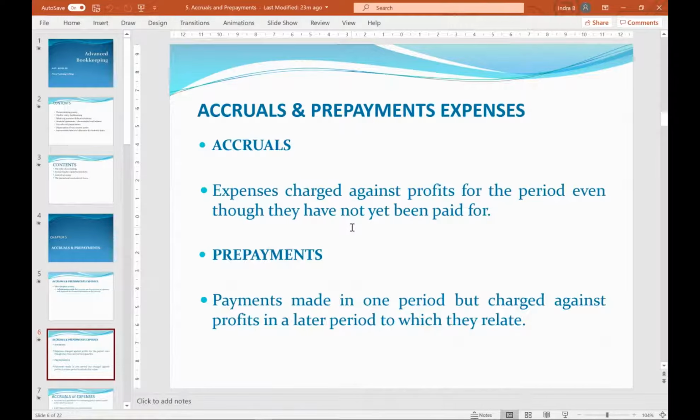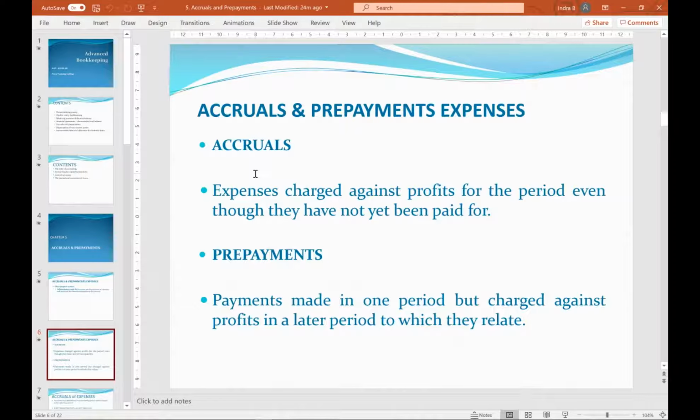So you have not paid it. The accrual concept says that we should charge the December expenses in the accounts ending December. Even if you have not paid, they were due to this year, so we must charge.